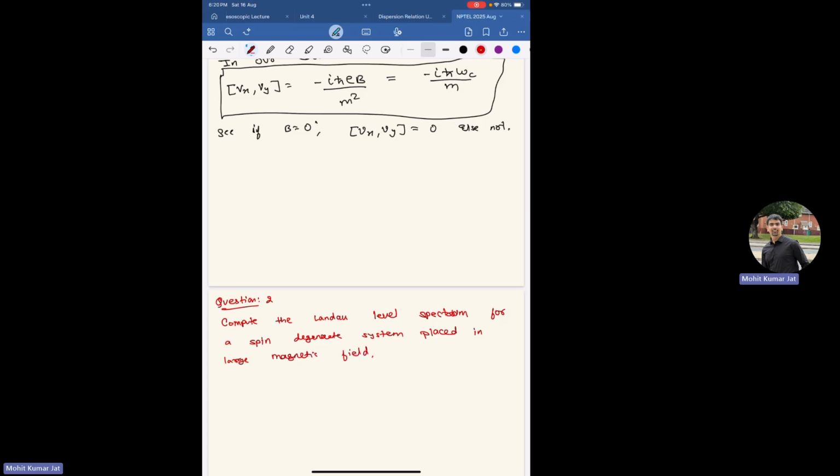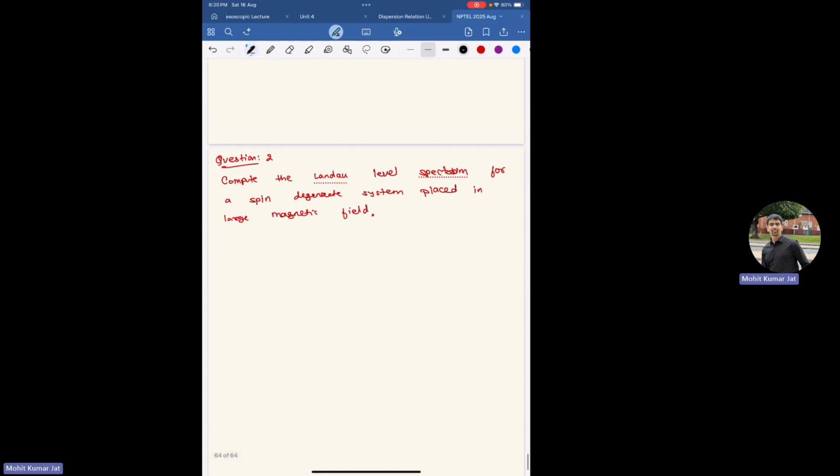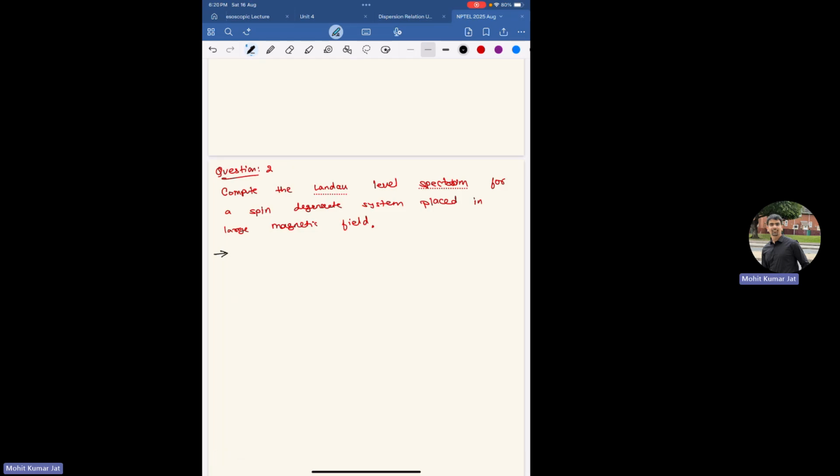Okay, it can be large, it can be small, so the physics won't change. So, okay, let me start with the one which we have discussed in the first and the second lecture of our course, that is, Landau levels without spin. That's something which I have derived already.